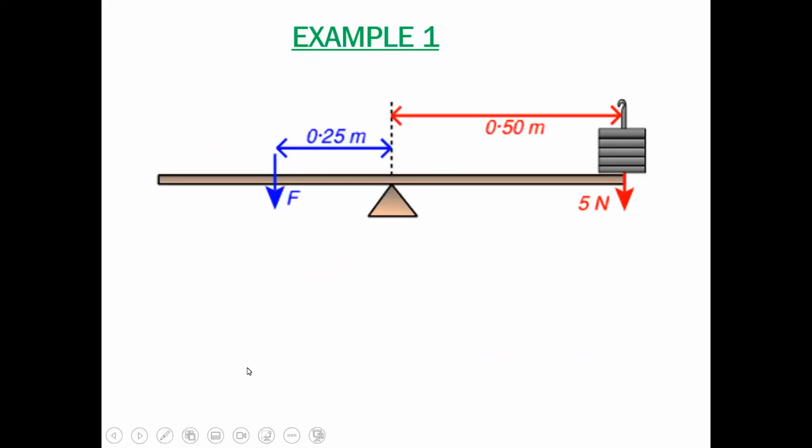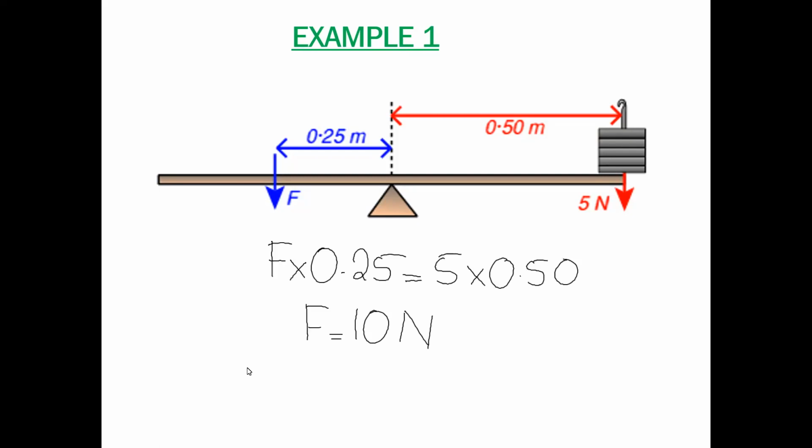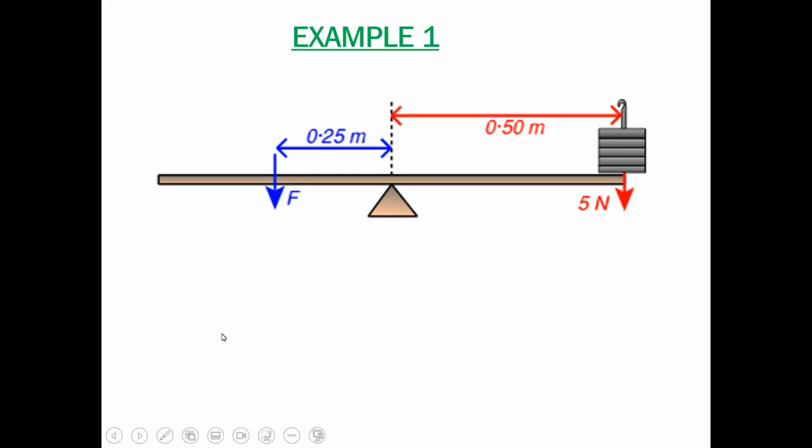So we are putting our first example, and no need to copy the example. You have to see the first question. Distance is always taken from the pivot. And we suppose that the system is in equilibrium.